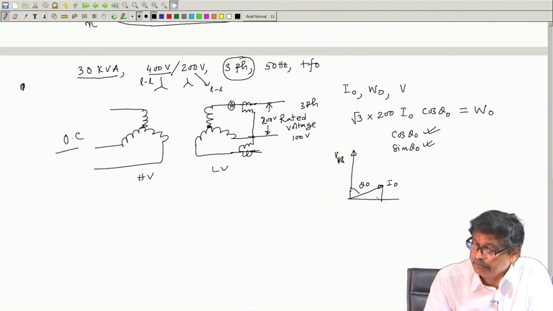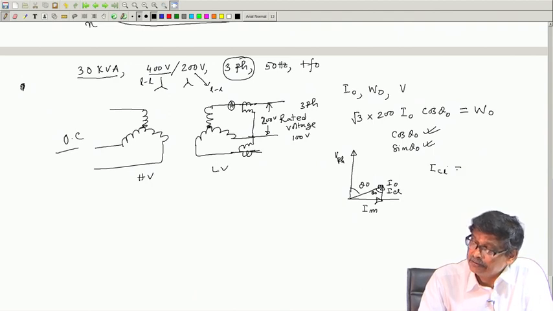Then break it up into 2 components, that is magnetizing and ICL, and then calculate ICL. This is theta naught. ICL is equal to I naught cosine theta naught, and Im is I naught sin theta naught.